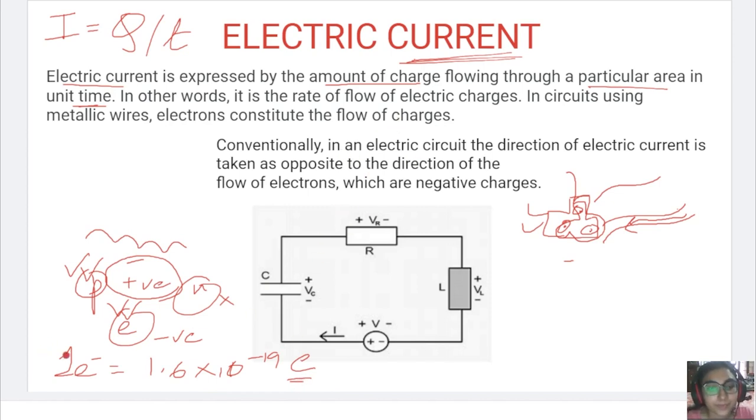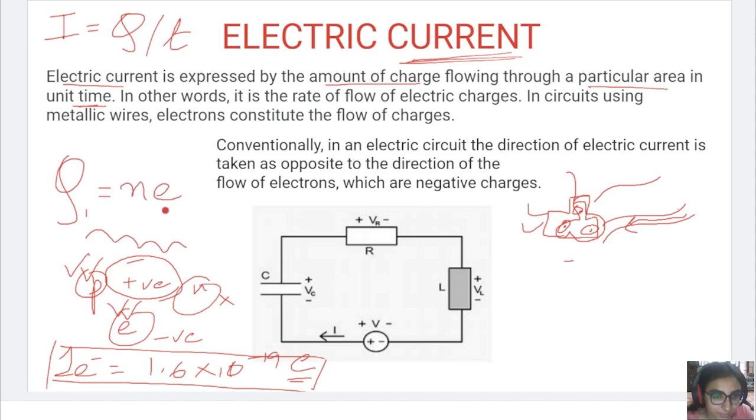So now since we know that one electron has this much charge, so now we can calculate that Q is basically Ne. So N is the number of electrons and e is the charge of an electron, which is nothing but this.